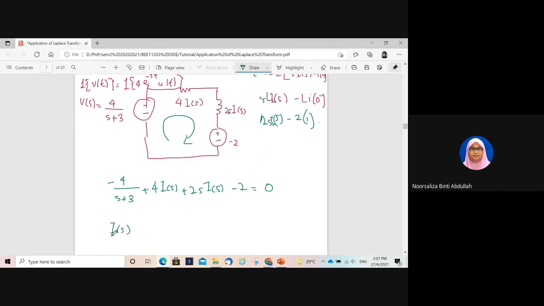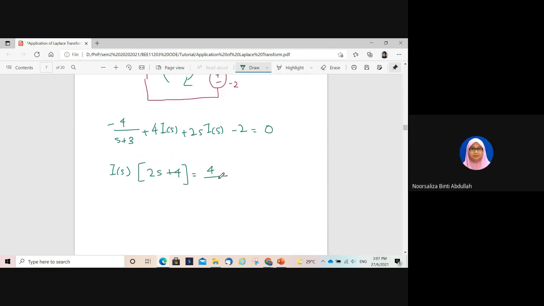Okay, so bila kumpulkan IS, you akan ada 2S, betul? Tambah 4, 2S plus 4, equals to 2 plus 4 over S plus 3, plus 2.